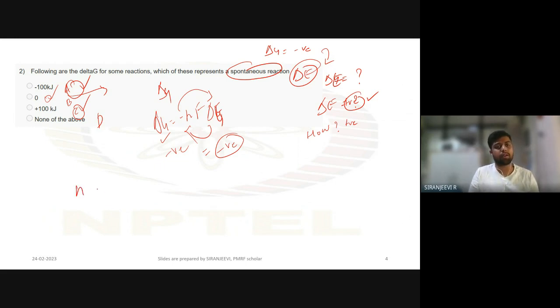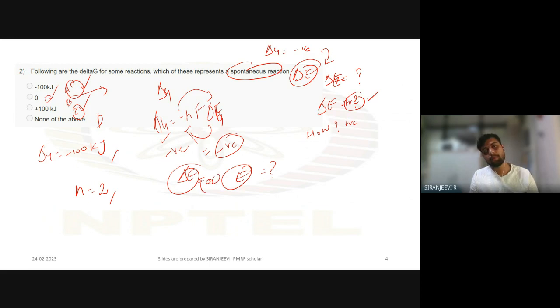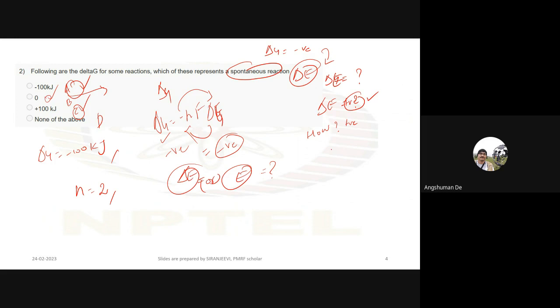Suppose the number of electrons transferred is 2, then will you calculate the delta E value for this question? You are saying that delta G is equal to minus 100 kilojoule. Then what will be the E value? E is equal to delta G divided by nF.